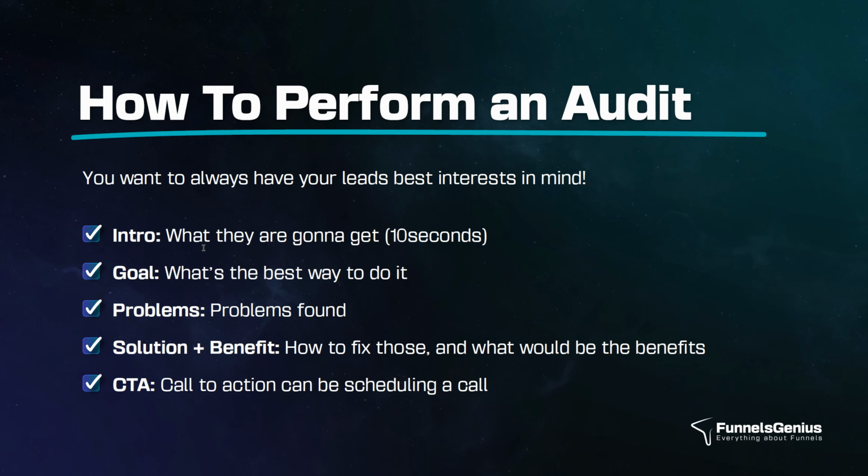Then the problems they have: these are the things that I found that you could implement or improve if you like. And then the solution plus benefit, how to fix those and what the benefits would be, always keeping their interest in mind. And then the CTA, call to action. A call to action can be scheduling a call, for example.